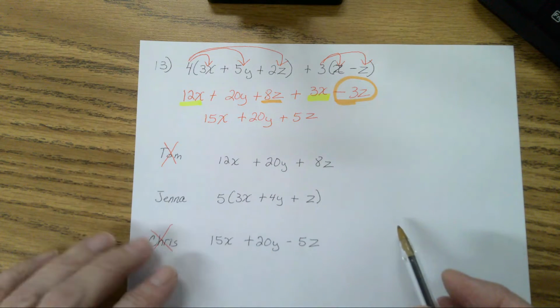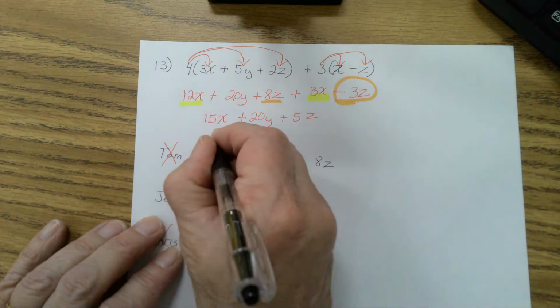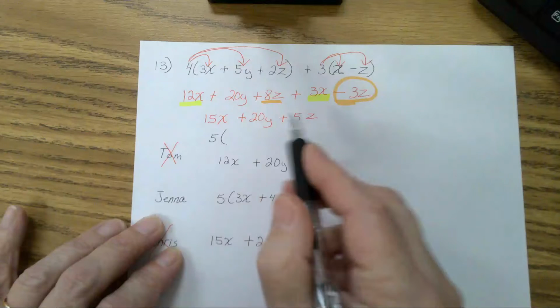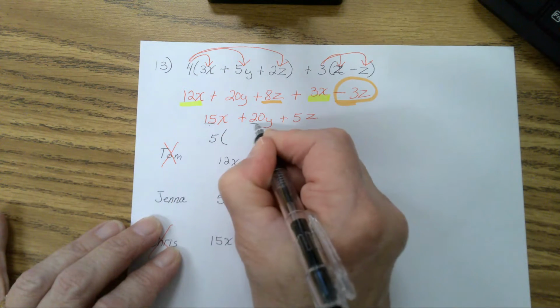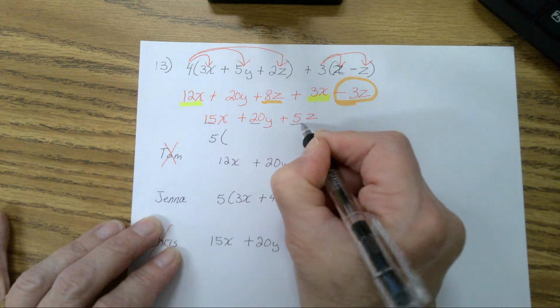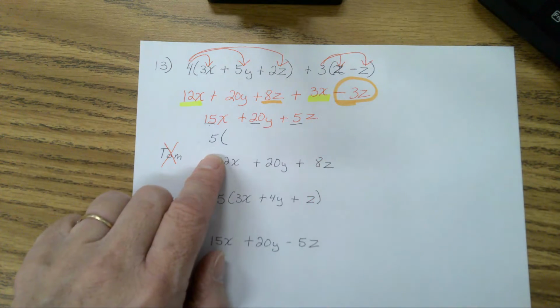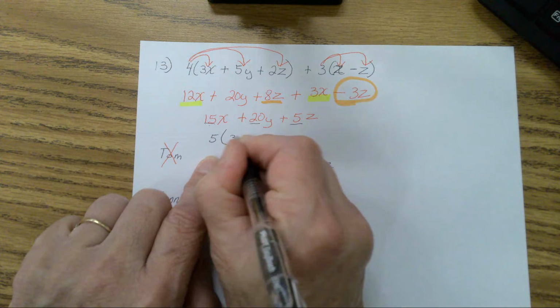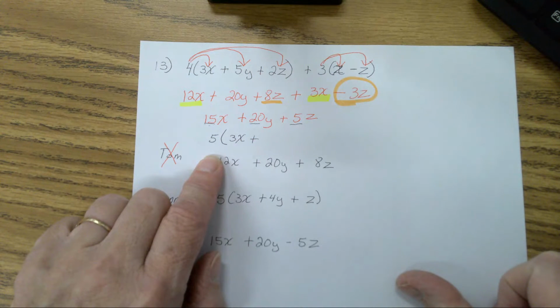So let's pull out a 5 here, kids. If I pull out a 5, will 5 divide 15? Yes. Will it divide 20? Yes. And will it divide 5? Yes. So let's see what we get. 5 times what is 15x? 3x. Excellent. 5 times what is 20y?